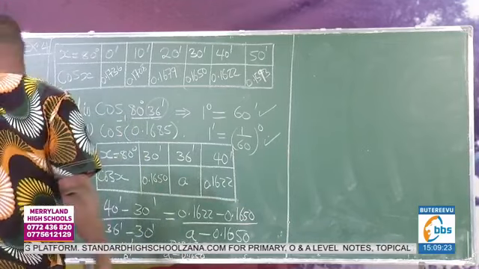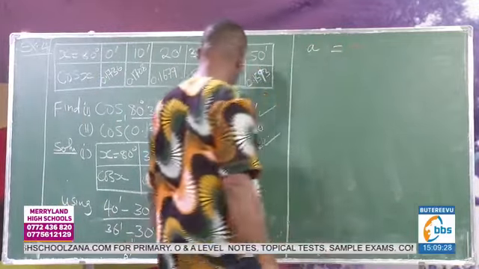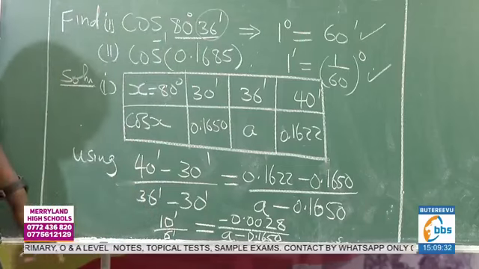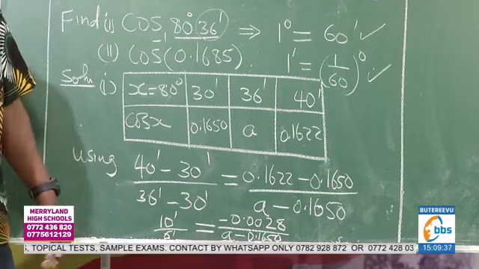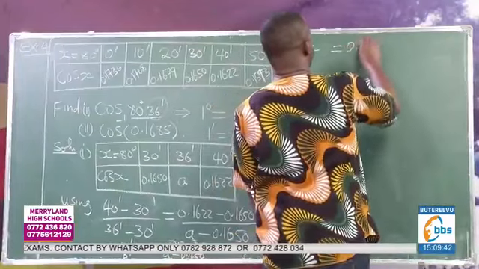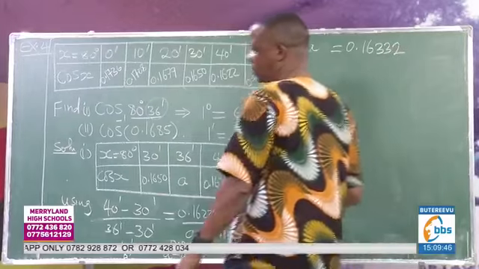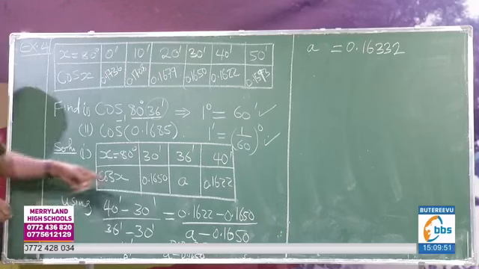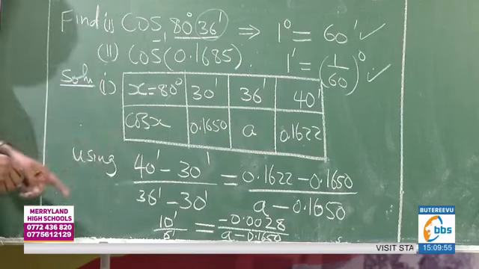When you subtract these two and summarize, I'll ask you to summarize by computing. When you compute, you should be able to get the value of A, which I will simply state there. The value of A you'll get should be 0.16332, and that is the value that is equivalent to the cos of 80 that.